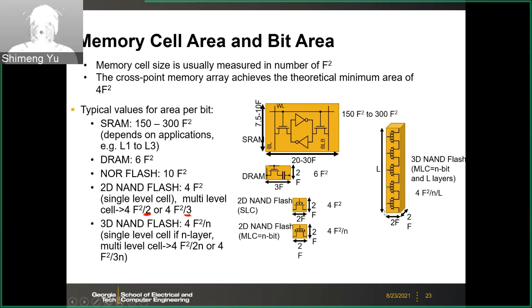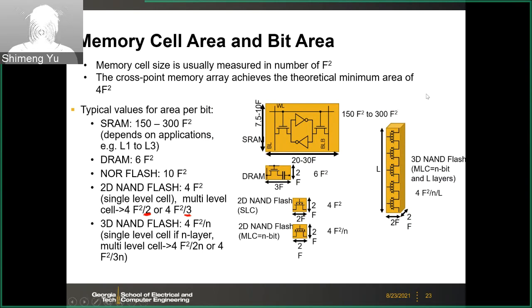And today's NAND flash, as we introduced earlier, has already adopted 3D integration. That means one string of the NAND, this is like the pull-down network of your logic, which is why it is called NAND, you have a series of those floating gates. And right now, those floating gate transistors are standing up vertically on the chip.